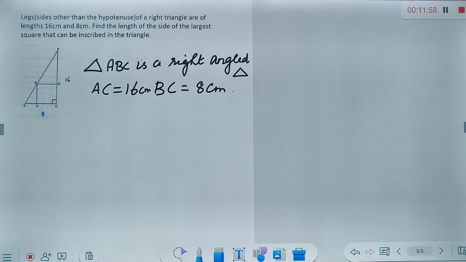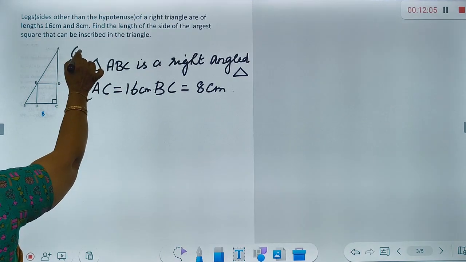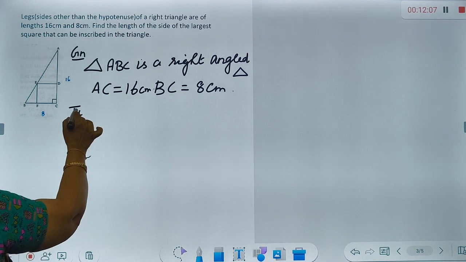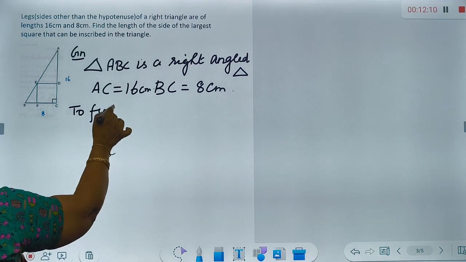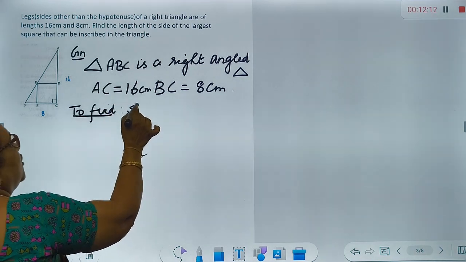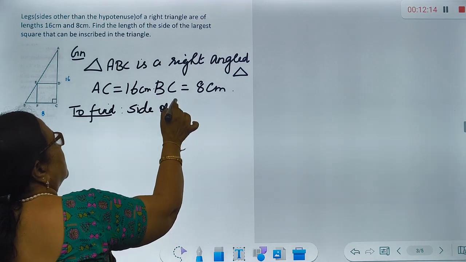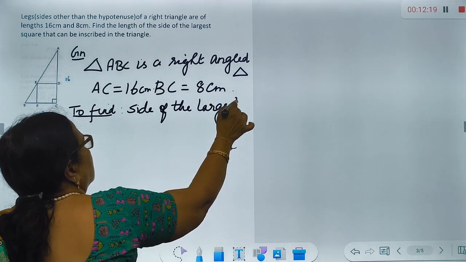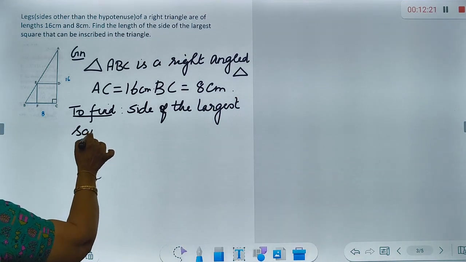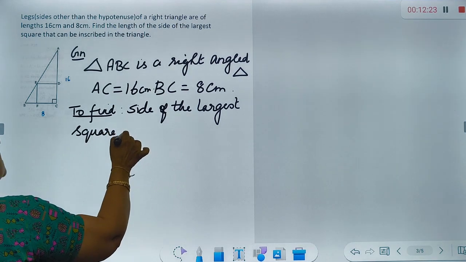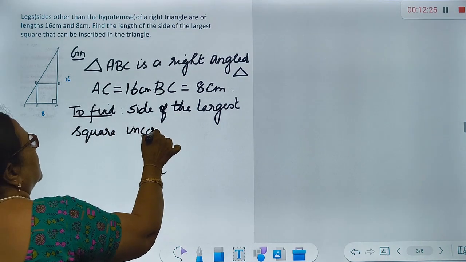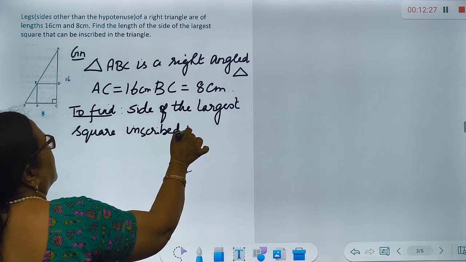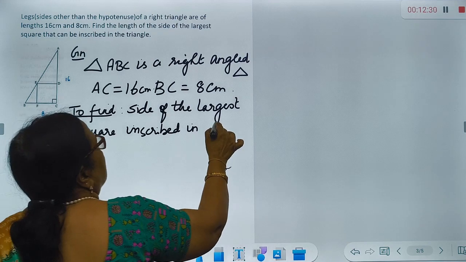You have to find the length of the side of the largest square that can be inscribed in triangle ABC. So this is what is given. To find: the side of the largest square inscribed in triangle ABC.